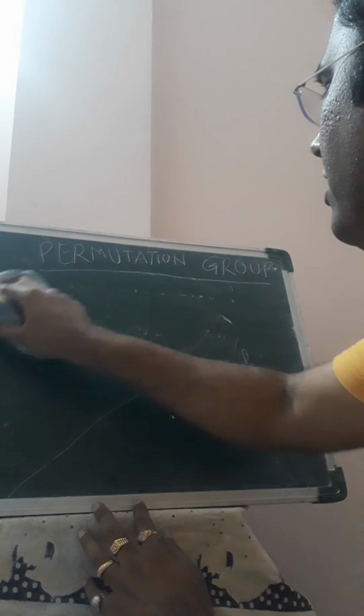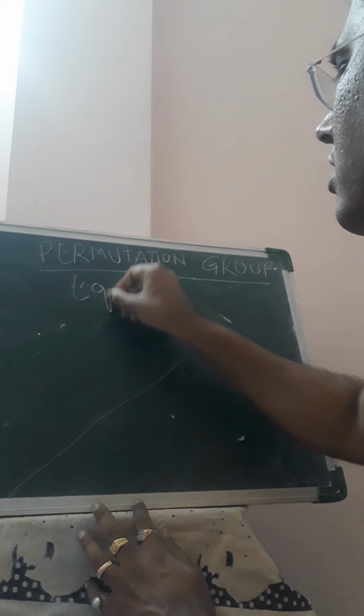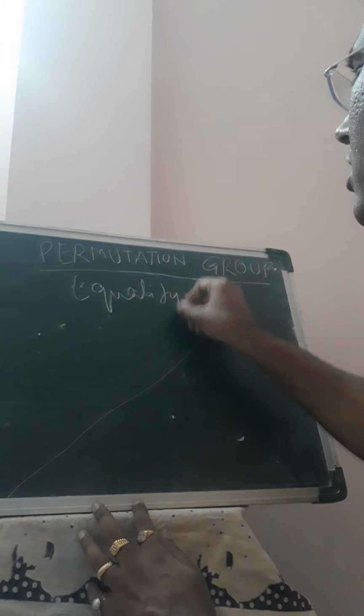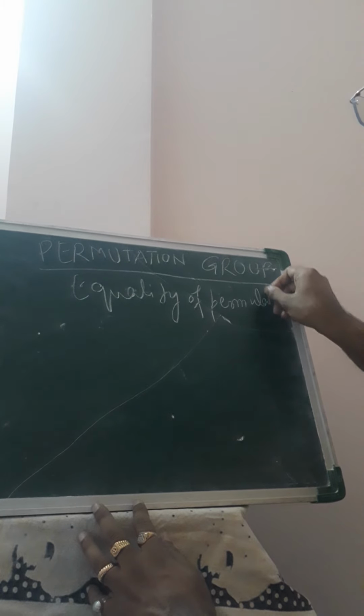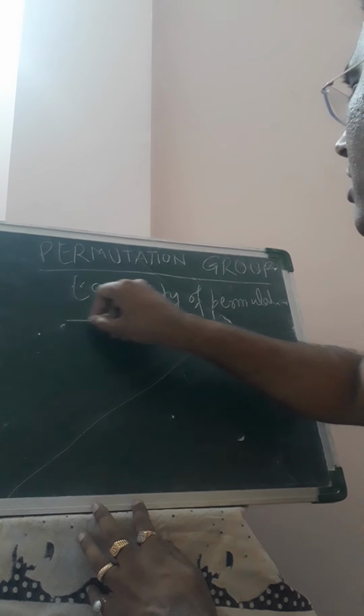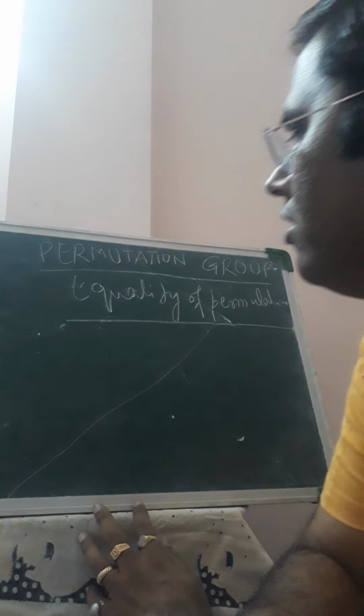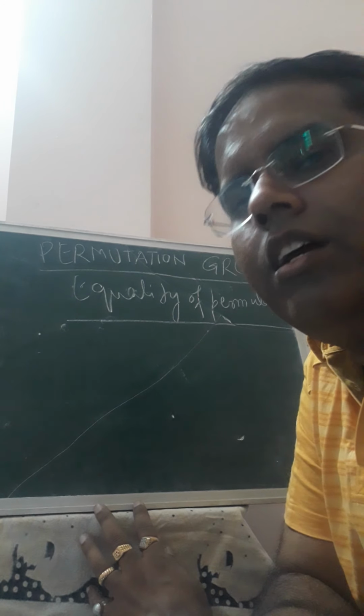So now we will study equality of two permutations. When are two permutations said to be equal?